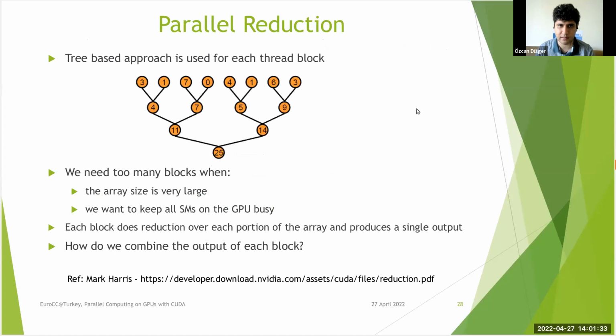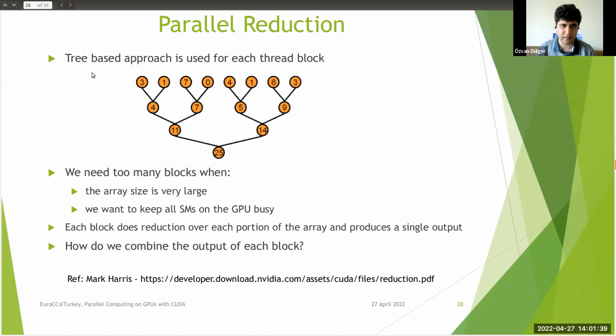Okay, let's start with the idea of parallel reduction, and he uses a tree-based approach for each thread block. So for each thread block, a tree-based approach will be used to reduce the data.